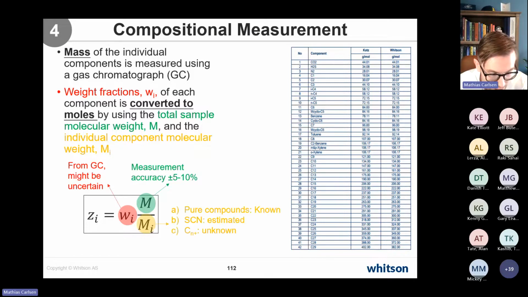And this one is known if you're dealing with a pure component, and it's estimated if you're dealing with a single carbon number component. In the table to the right, this is just from a Schlumberger report, and they report the Katz and Firoozabadi molecular weights. Curtis also wrote a paper.